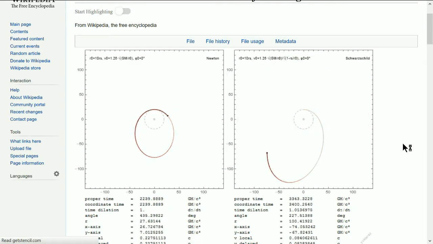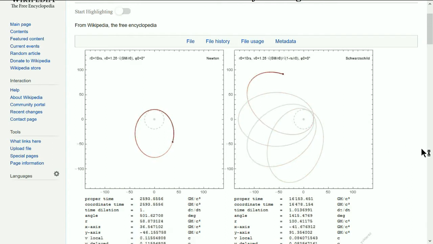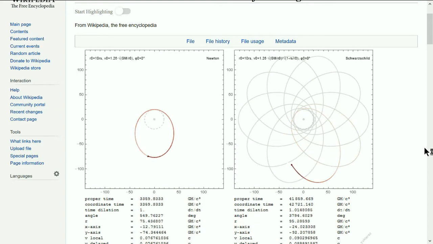And what does it produce? I believe it's producing the flower of life. Yep, that's what it's producing, the flower of life.